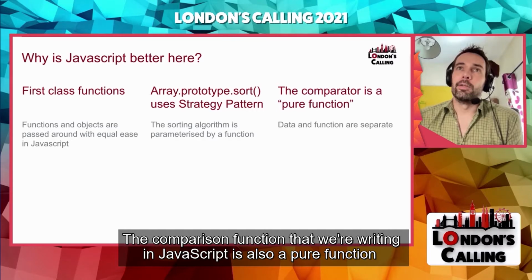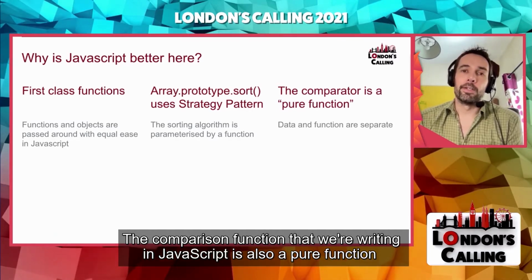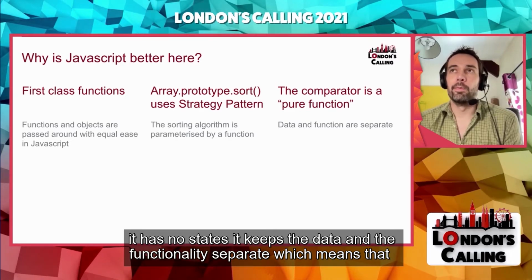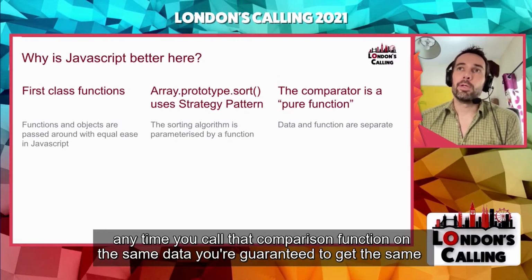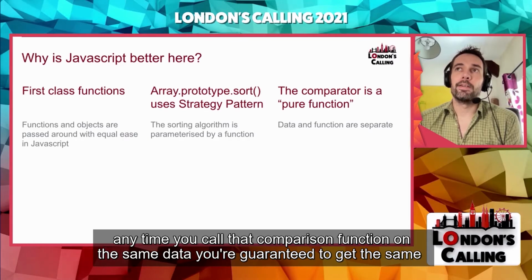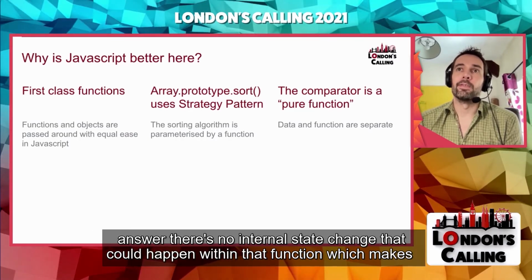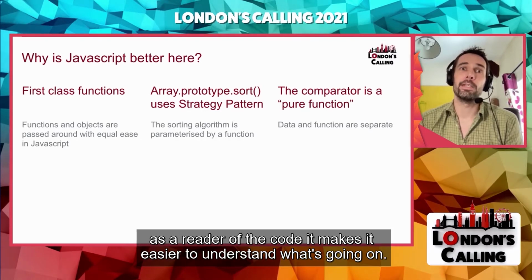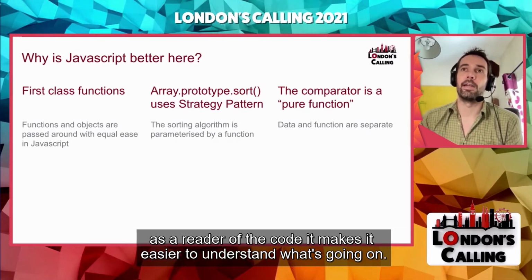The comparison function that we're writing in JavaScript is also a pure function. It has no state. It keeps the data and the functionality separate, which means that anytime you call that comparison function on the same data, you're guaranteed to get the same answer. There's no internal state change that could happen within that function, which makes it easier, as a reader of the code, to understand what's going on.